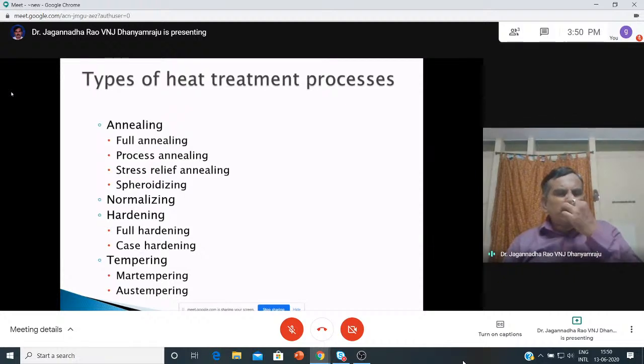And what are the different types of annealing processes? First one is full annealing. The second one is process annealing. The next one is stress relief annealing. And the other one is spheroidizing. And then normalizing, of course, and hardening.